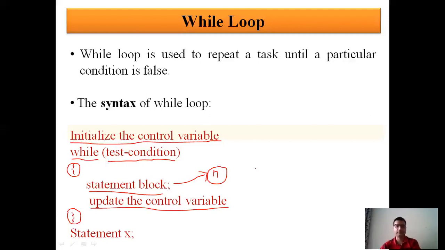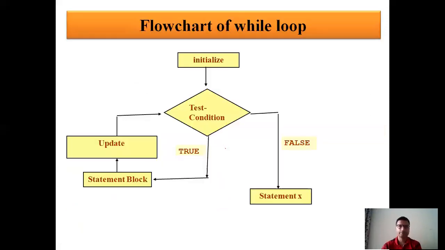It can be anything, but there has to be some change. Okay. If there is no change in the control variable, then definitely this loop is going to be an infinite loop. Then as usual, here we have other statements that we are calling statement X. So again, this statement X is not a part of this while, right?